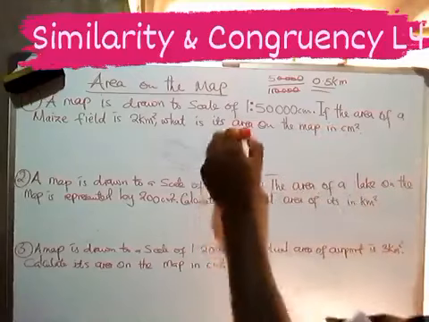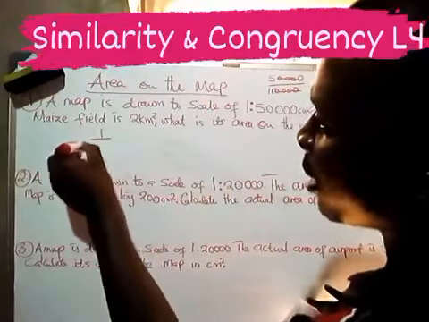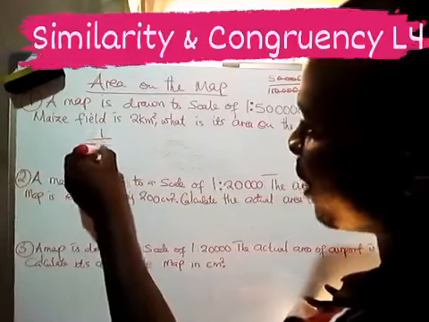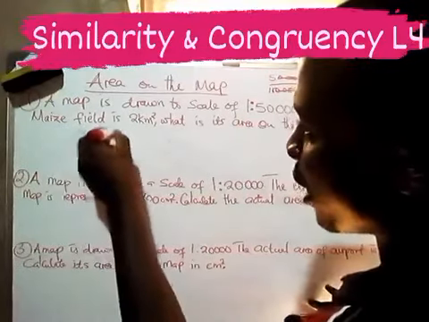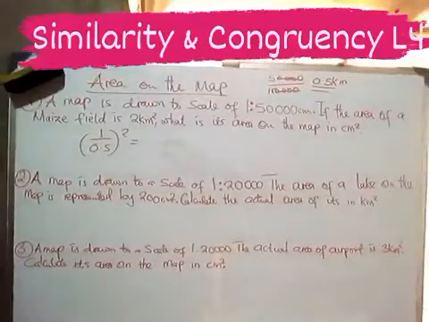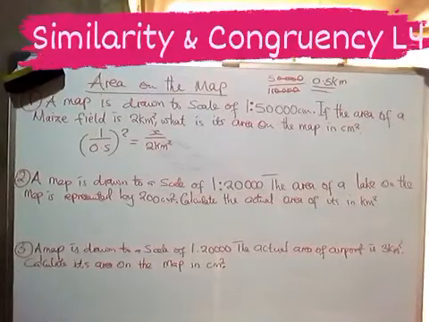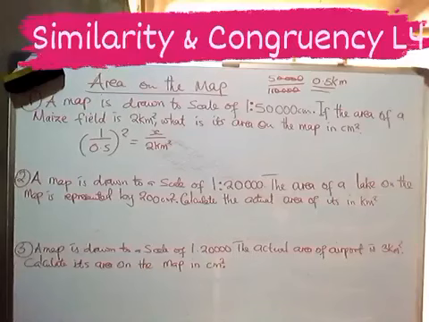So this means that 1 over 0.5, then we square, is equal to what we don't know on the map, in centimeters, over the 2 kilometers on the actual ground.